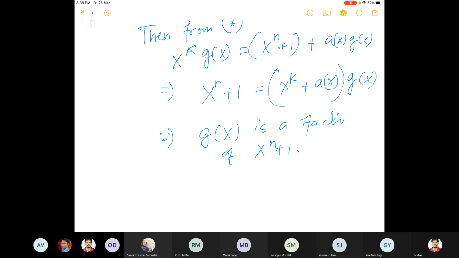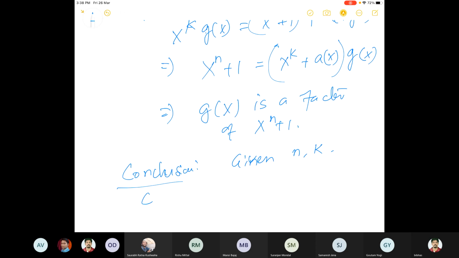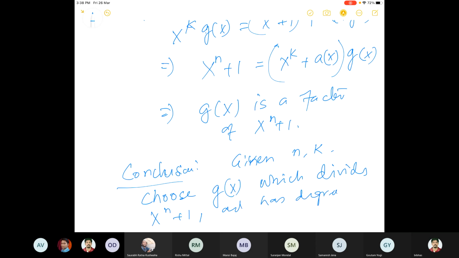Therefore, the conclusion is: given n and k, choose g(x) which divides x to the power n plus 1 and has degree n minus k.